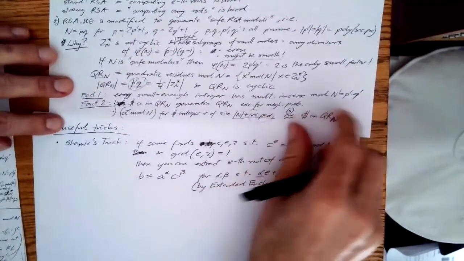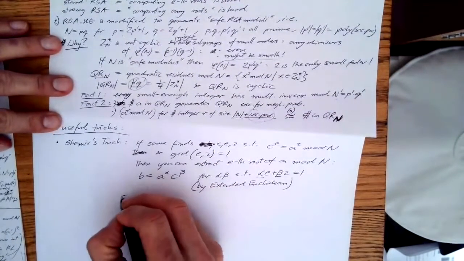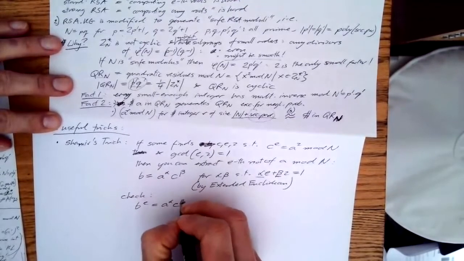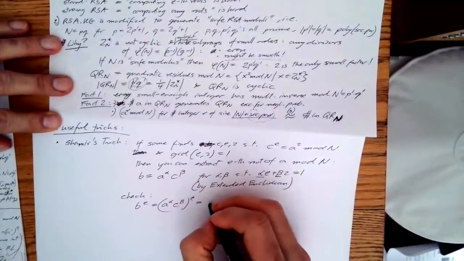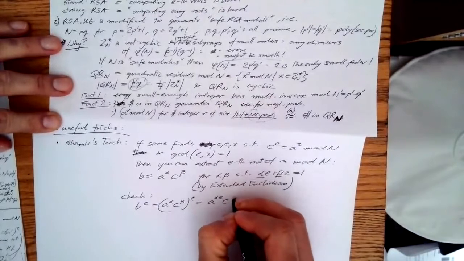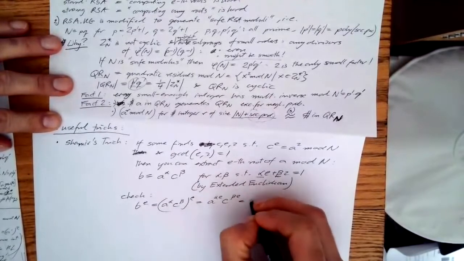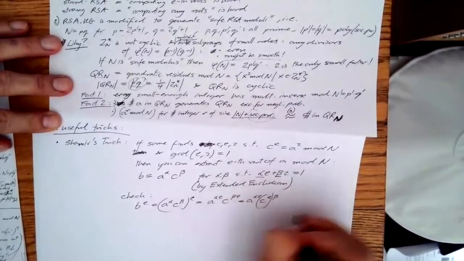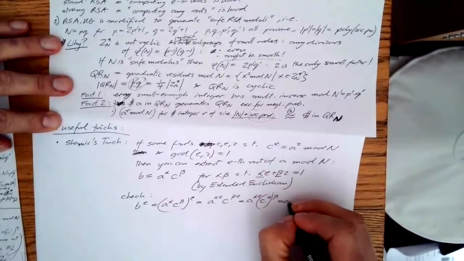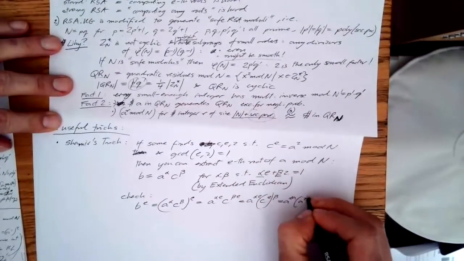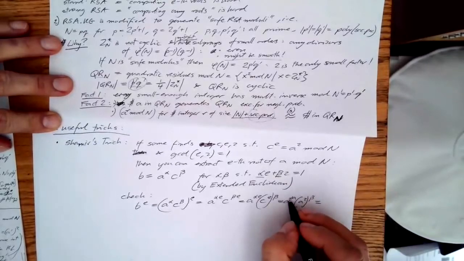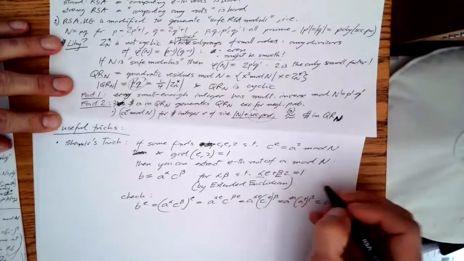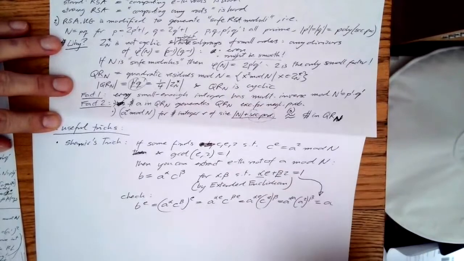Okay, and why is this an E-th root of A? So check B to the E, which is A to the alpha E times C to the beta E, and this is A to the alpha E times C to the E to the beta, but C to the E is A to the Z, so this is A to the alpha E times A to the Z to the beta, and now I have alpha E plus Z beta in the exponents, so this is A, mod n.